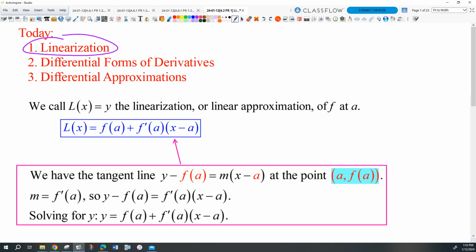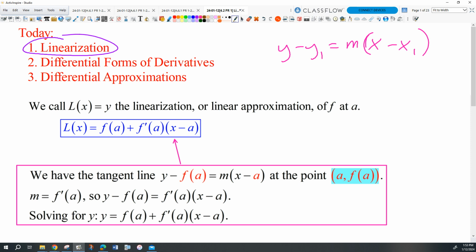We're just taking the point slope formula: y minus y1 equals m times x minus x1, where m is the slope and x1, y1 are just the coordinates of some known point. And solving for y, that's all we did.